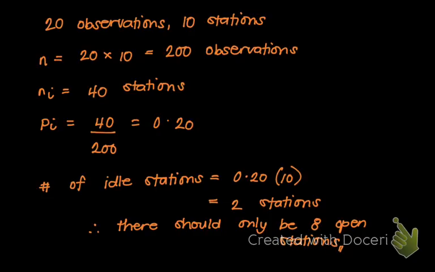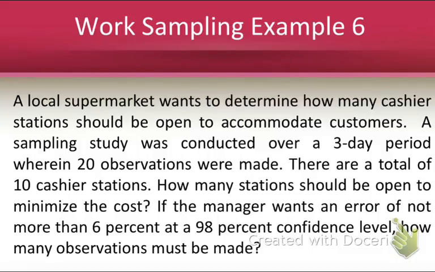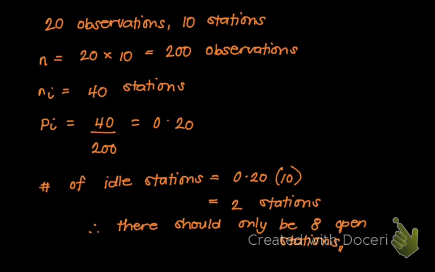Okay. The next question is to know how many observations must be done given that the error is 6% at a confidence level of 98%. So your error is 0.06 at a confidence level of 98%. So the Z value here is 2.33 from our tables.